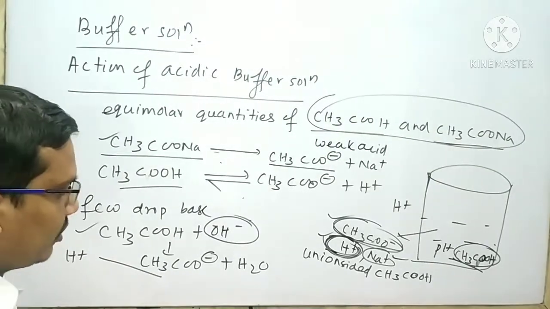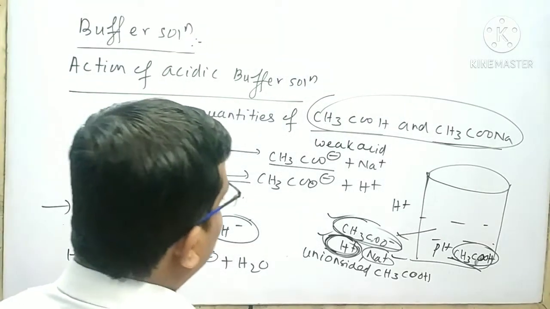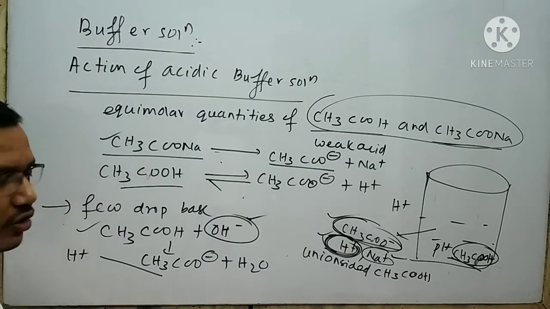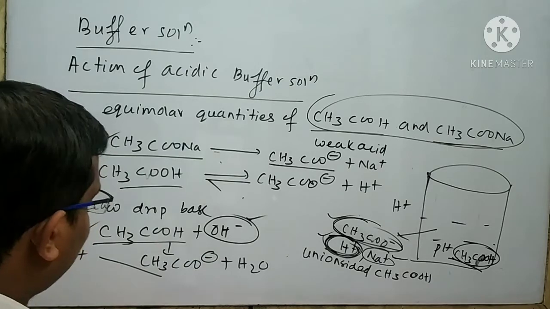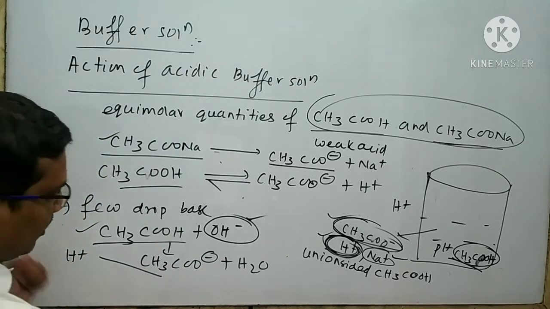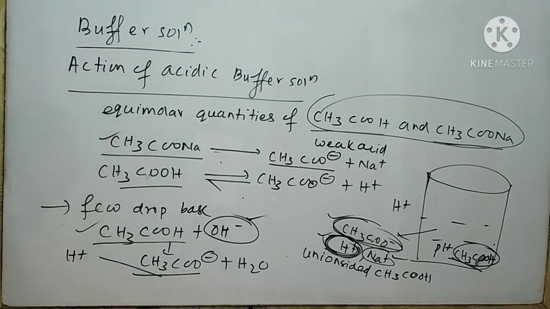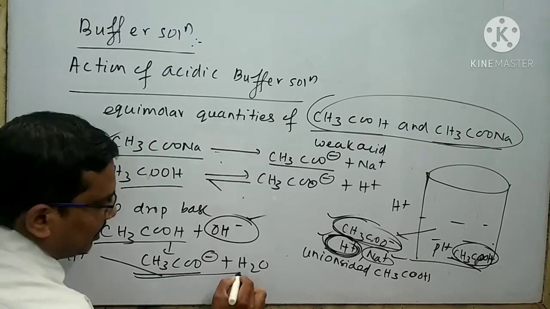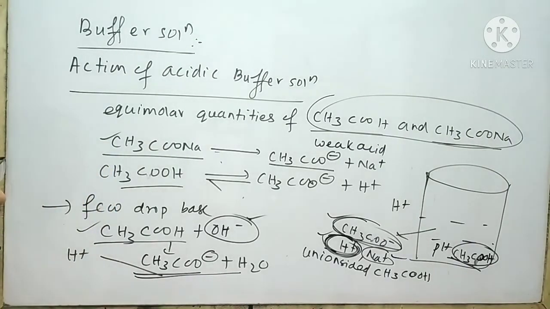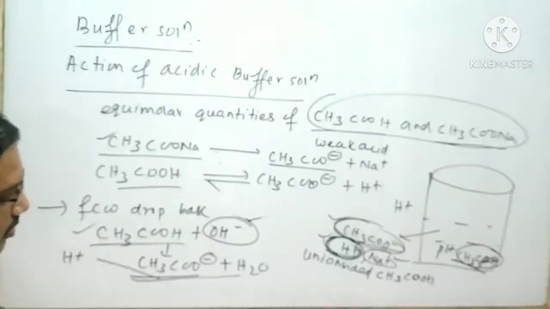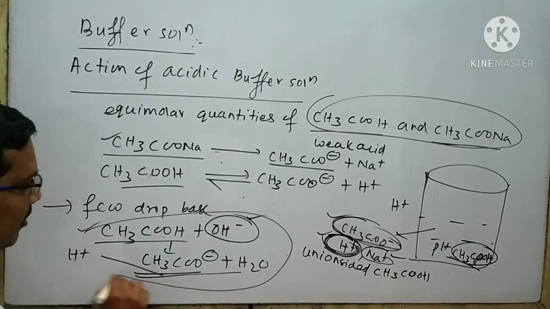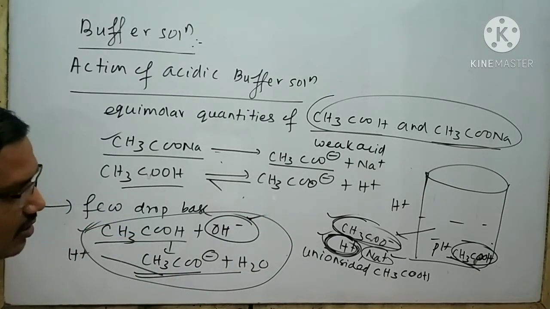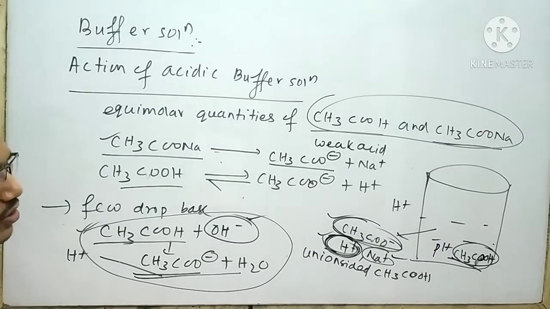But here the added OH minus ion immediately reacts with the unionized acetic acid, and CH3COO minus ion and water are formed. These species do not affect the pH of the buffer solution. So after addition of a few drops of base, this reaction takes place. Due to this reaction, the pH of the buffer solution will not change.